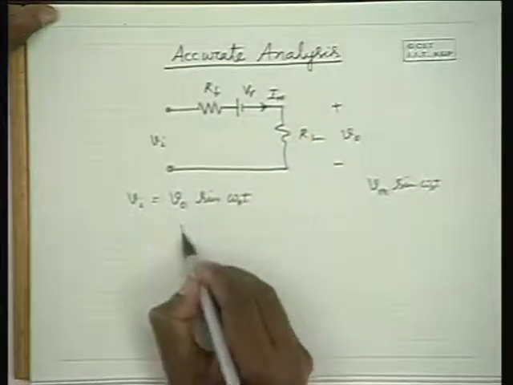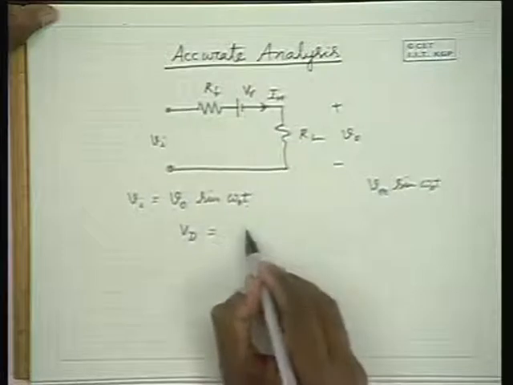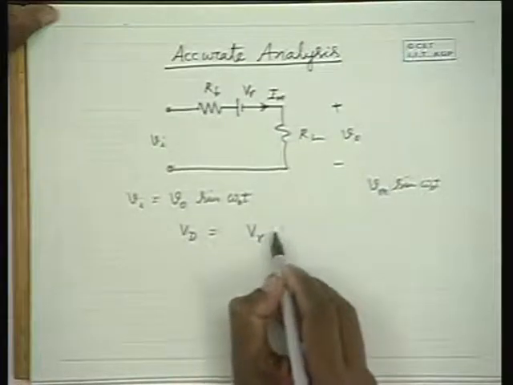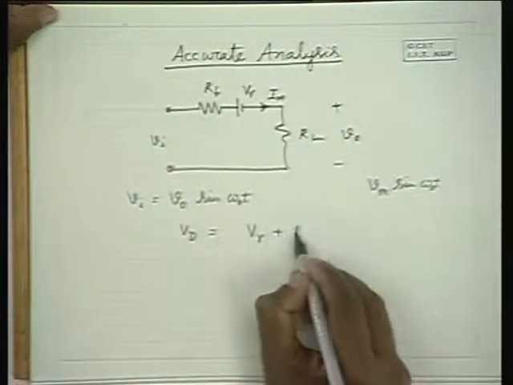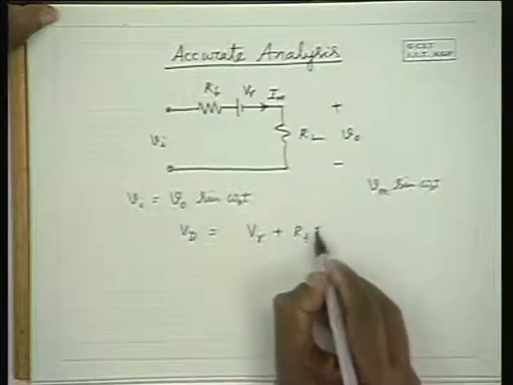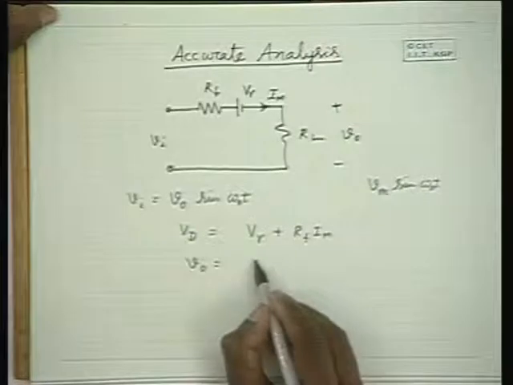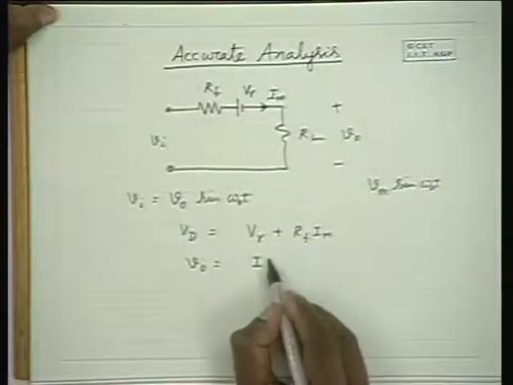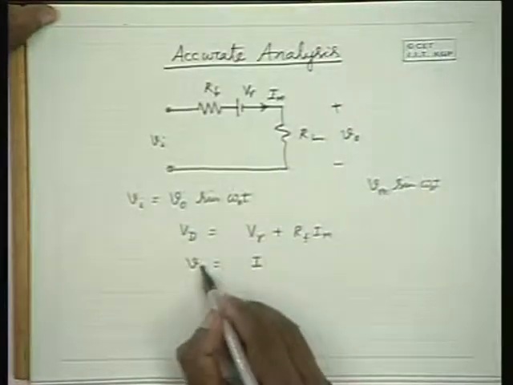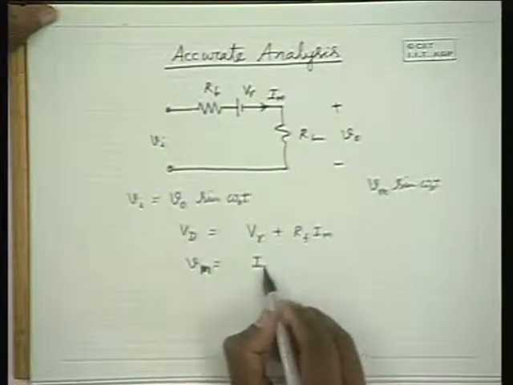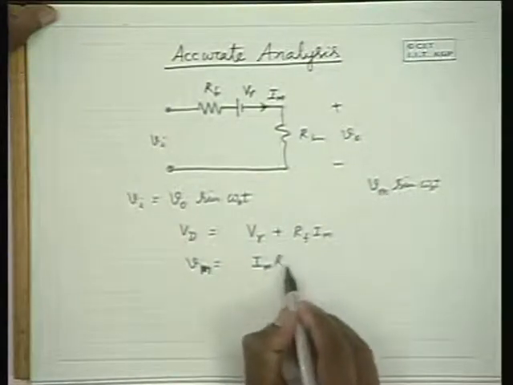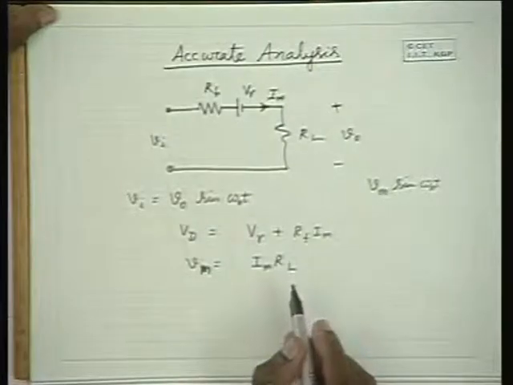The voltage drop across the diode is equal to V gamma plus RF into Im. And the peak output voltage Vm is Im into RL, where Im is the peak current.